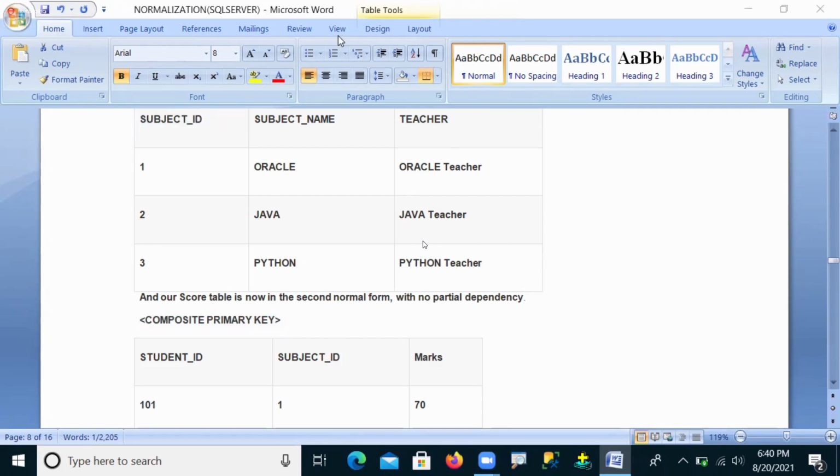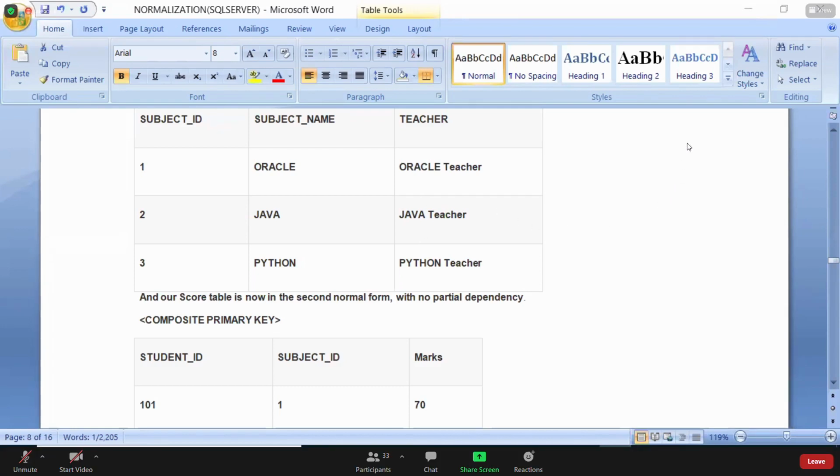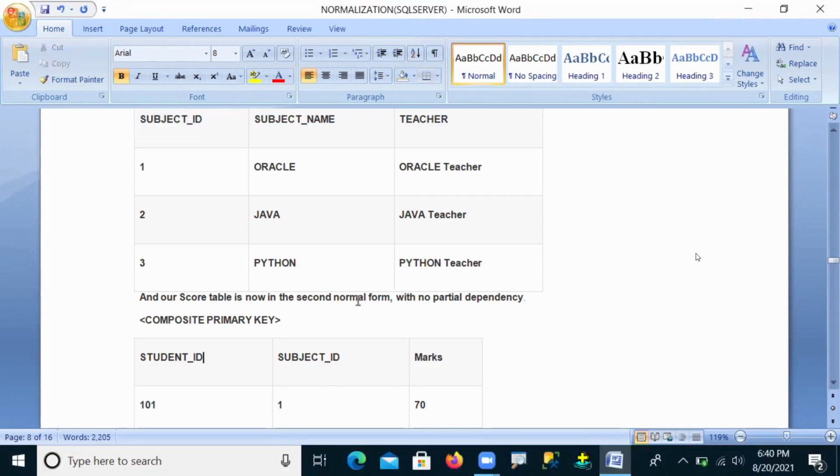There is no partial dependency. This is how the second normalization technique is defined in your tables.